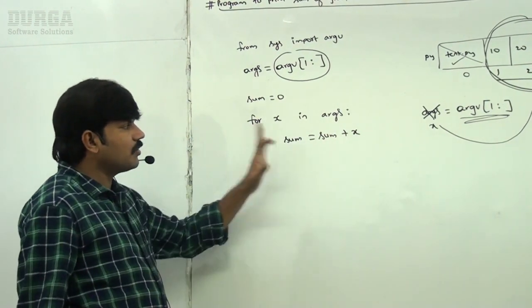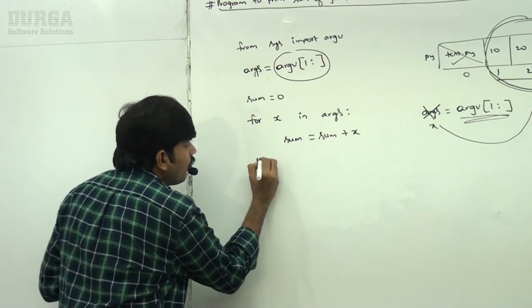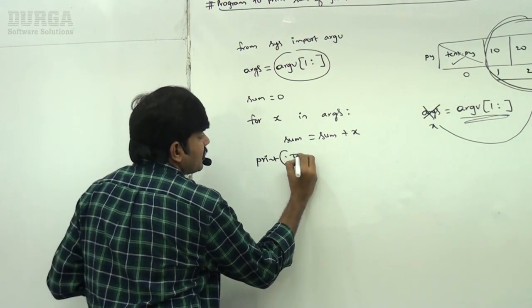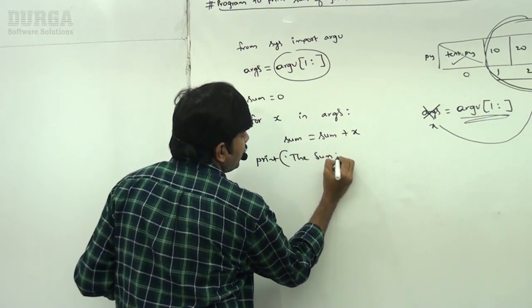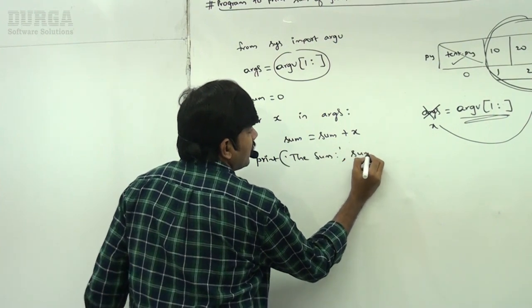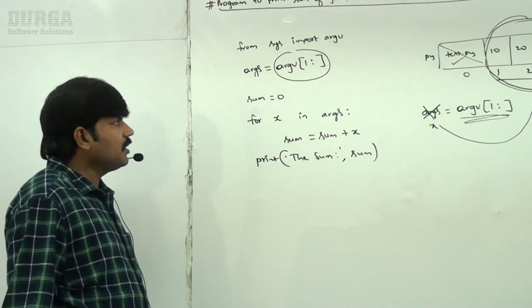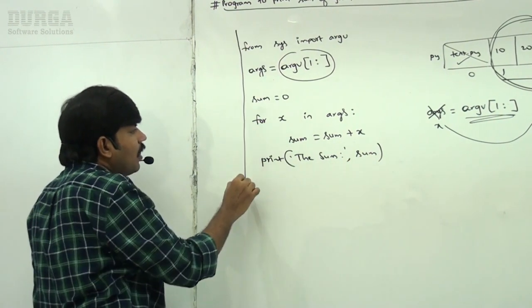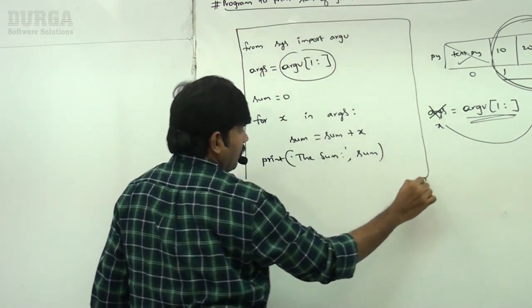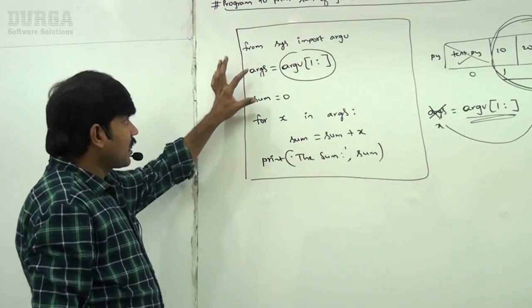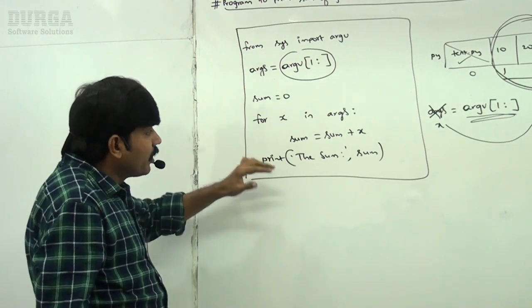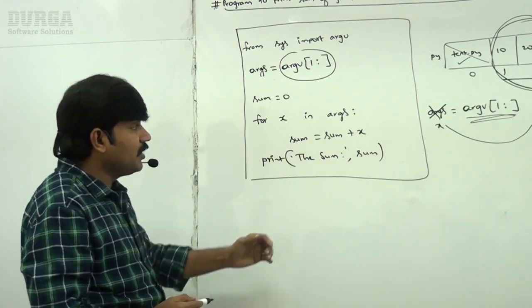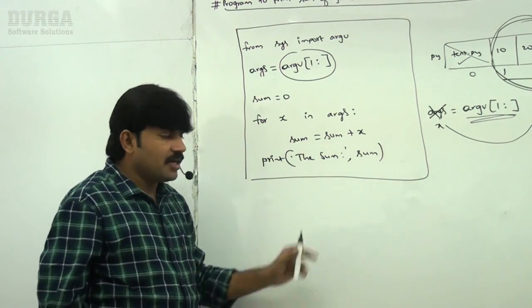Then print the sum: print the sum is, just like this. Sir, a small, chota Python script to read command line arguments and to print the sum of the values whatever we passed as command line arguments, right?